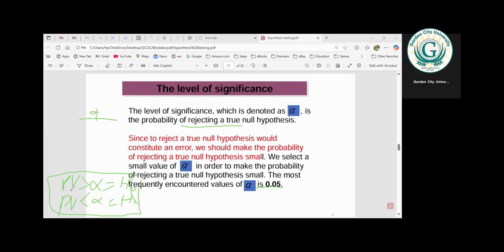Whenever the probability value is greater than the alpha, you accept the null hypothesis, H0. Whenever the p-value is less than the alpha, you are going for the alternative, and that means you've rejected the null. So you accept when it's greater, you reject when it's less than.